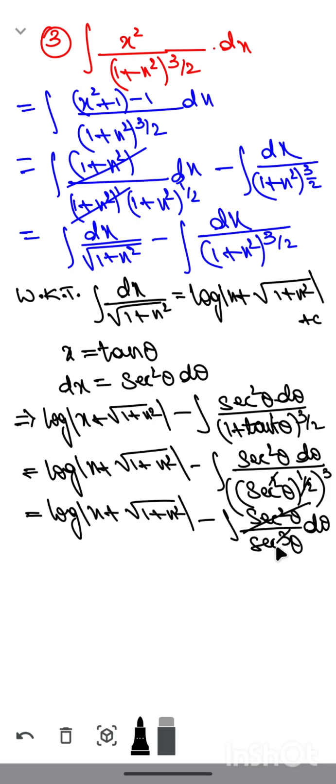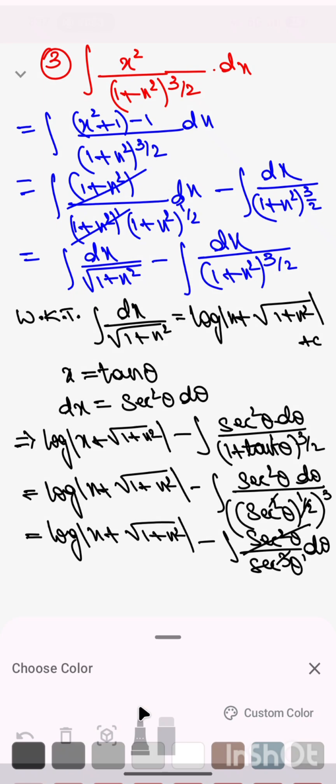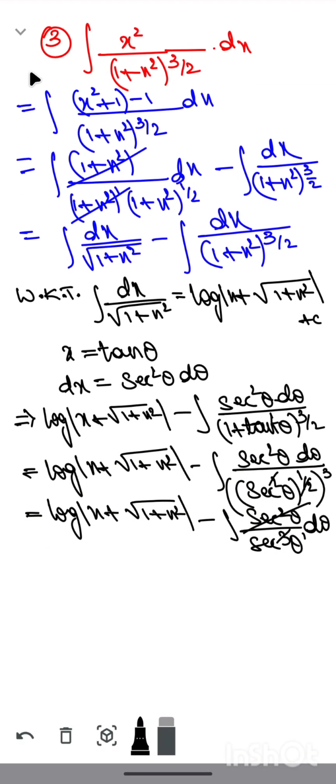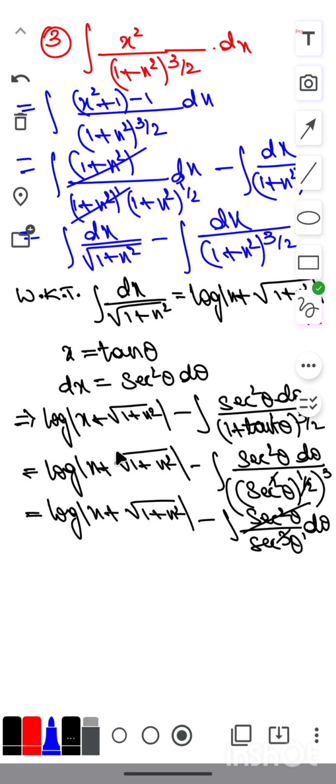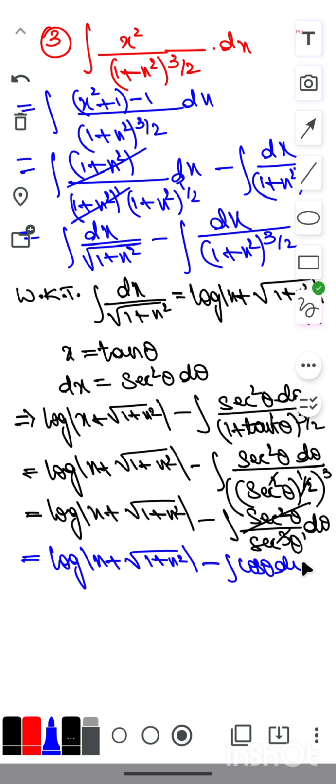Here secant square will get cancelled, and another secant theta is left in the denominator, so we can find the integral as easily as possible: log of modulus of x plus root of 1 plus x square as it is, minus integration of 1 divided by secant theta, which is nothing but cos theta d theta. Now what is the integration of cos theta? That is sin theta, so we get log of modulus of x plus root of 1 plus x square minus sin theta plus c.